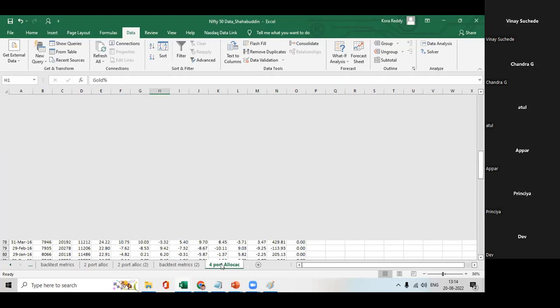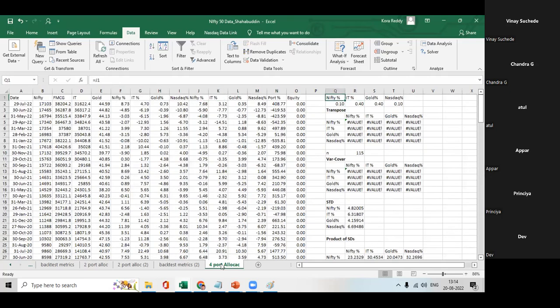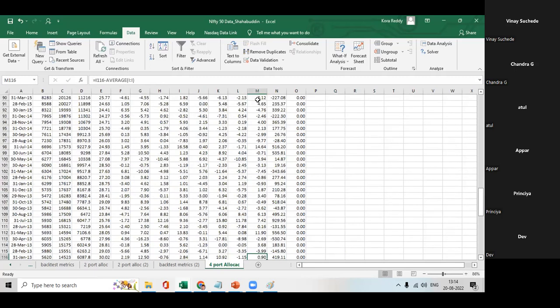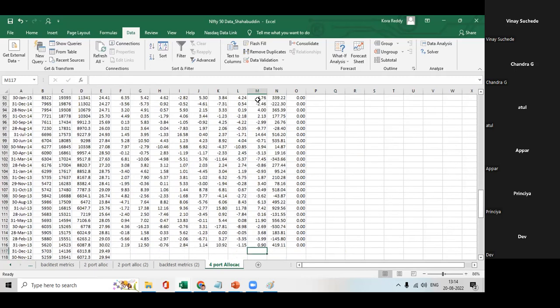So after de-meaning, your first step is just 0.25 to everything as the allocation, then transpose. This is MMULT, transpose J2 to M122. So what data do we have here? We have data only up to 116, because we don't have the data for Nasdaq.